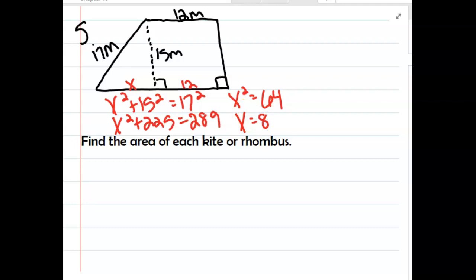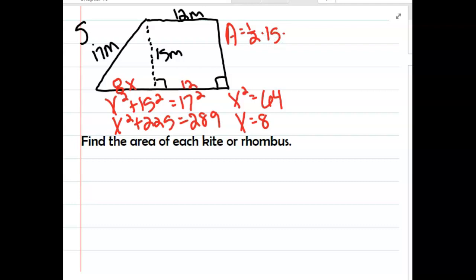Remember, what x is, it's just that little chunk of the base right there. So that entire bottom base would be what? 20, right? We carried the 12 down, and then we found out that that one is 8. So to find the area, you're going to take half of the height, which they give me, the height is 15, times the sum of the bases.